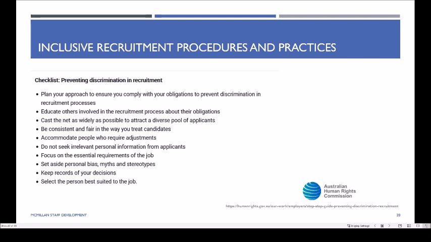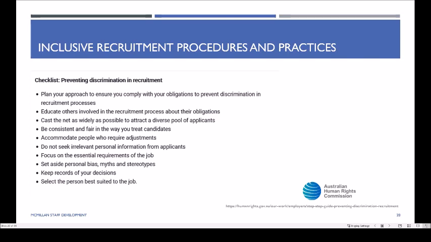A good process is about making sure you have a clear position, making sure that you recruit against that position criteria, making sure that you have some form of assessment against the criteria where each candidate is assessed against that objective criteria, and then a decision is made on the person who best demonstrates suitability to that role.